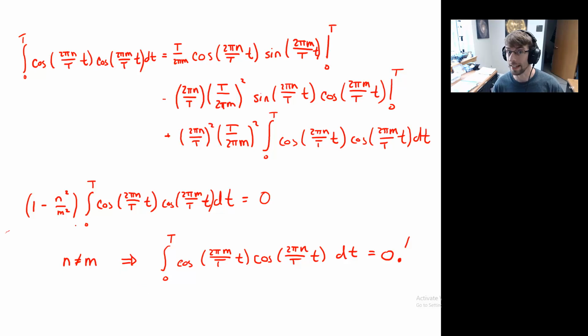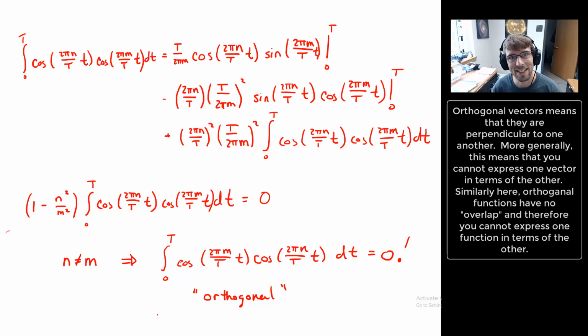The technical term for this is that we say the two functions are orthogonal. When you hear the term orthogonal functions, what it means is that the integral of the product of the two functions is 0.